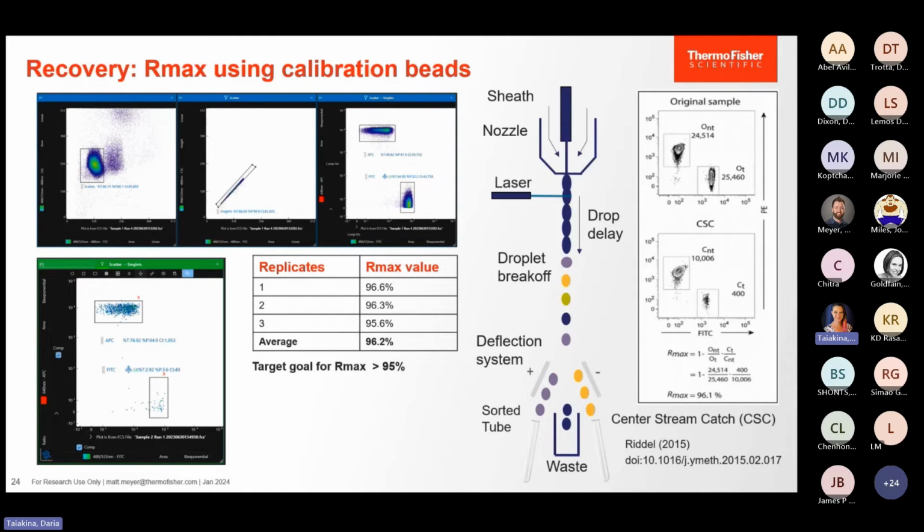We use two different types of comp beads. And then we take the ratio of the sorted beads versus the target beads in the waste stream. And so we can get some statistics, and we can get some Rmax values from system to system, and relate that to making sure everything on the system is set up properly to ensure that we're getting a good recovery.